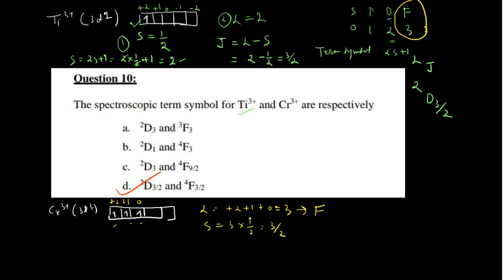Okay, and if you want to calculate the J value, again you can find that J value as L minus S, and this will give you 3 minus 3/2, and this 3 minus 3/2 will give you again 3/2. Okay, so in that case you can see the value if you apply this formula.